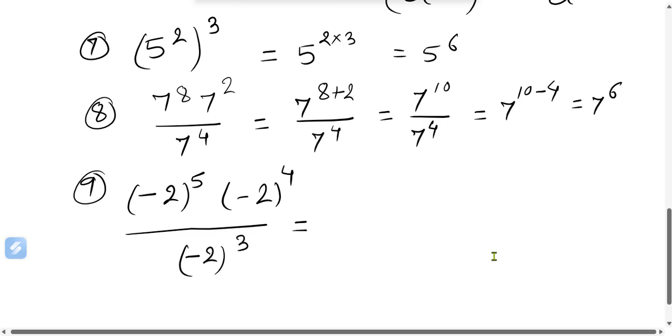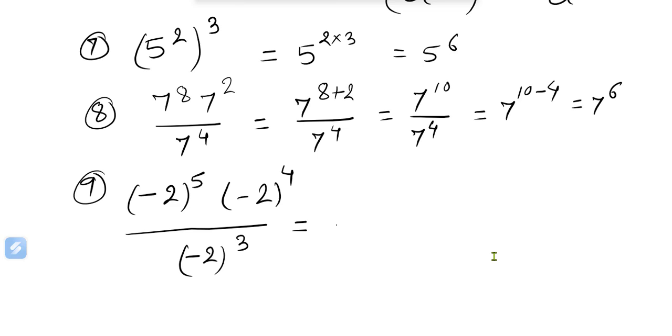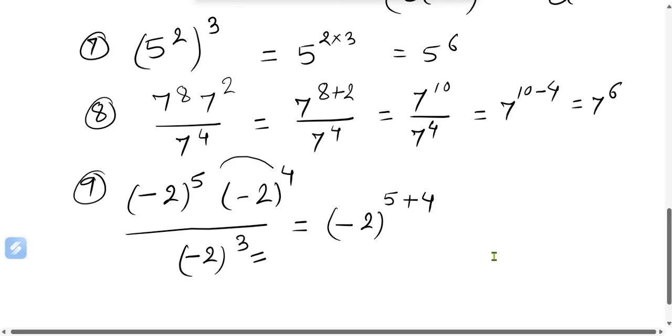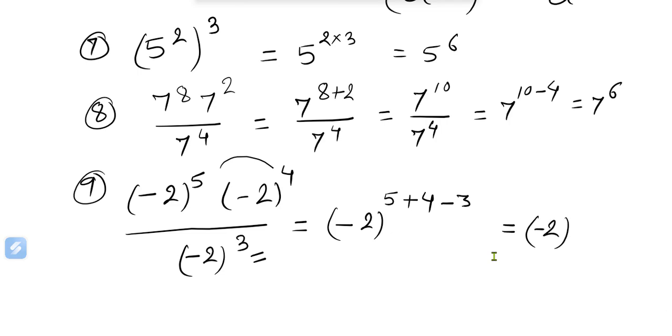So we can write minus 2, and because these two can be added, 5 plus 4. Now this is dividing, so we write here minus 3. Now minus 2 as the whole power of 9 minus 3, it's 6.